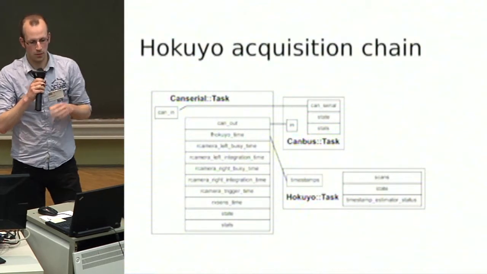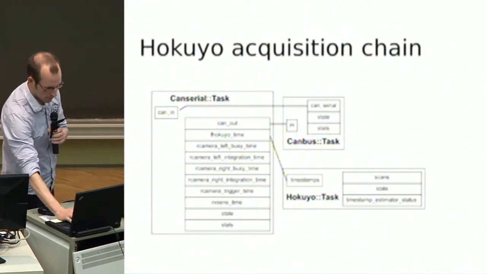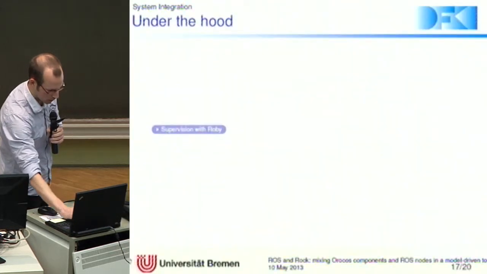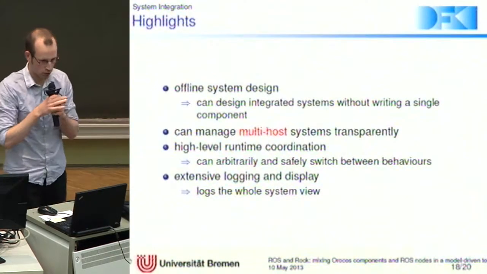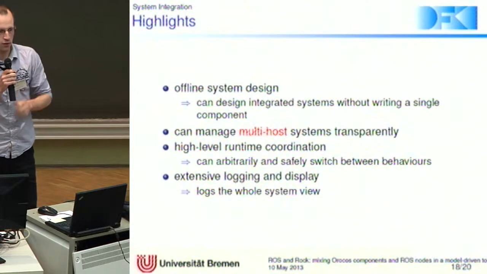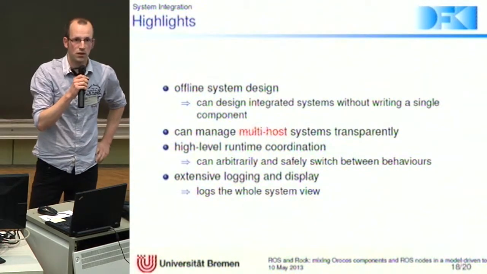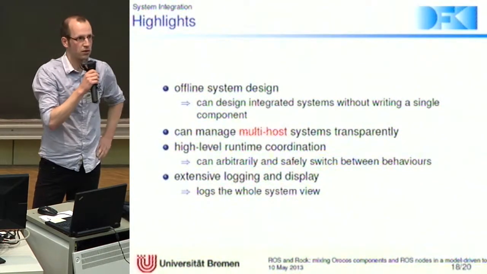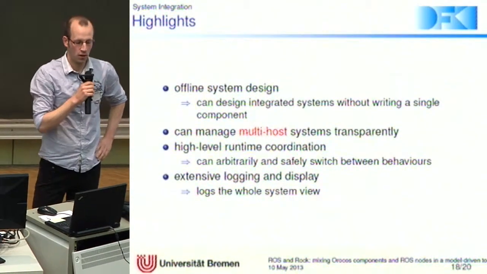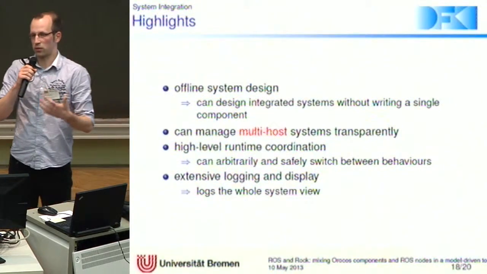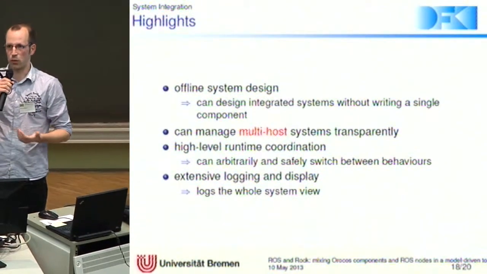So you now have the power to do multiple things. First of all, you can do offline system design. Since we use this model-based approach, what you generate in the first place is a validation of your network.